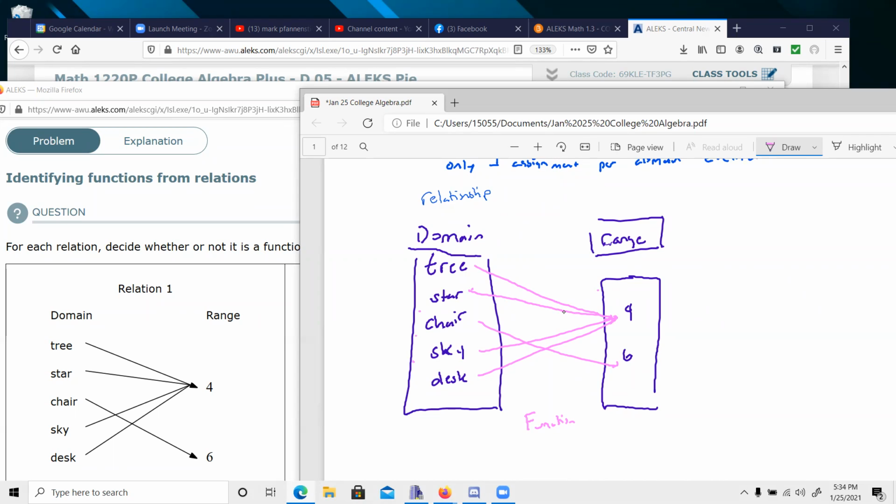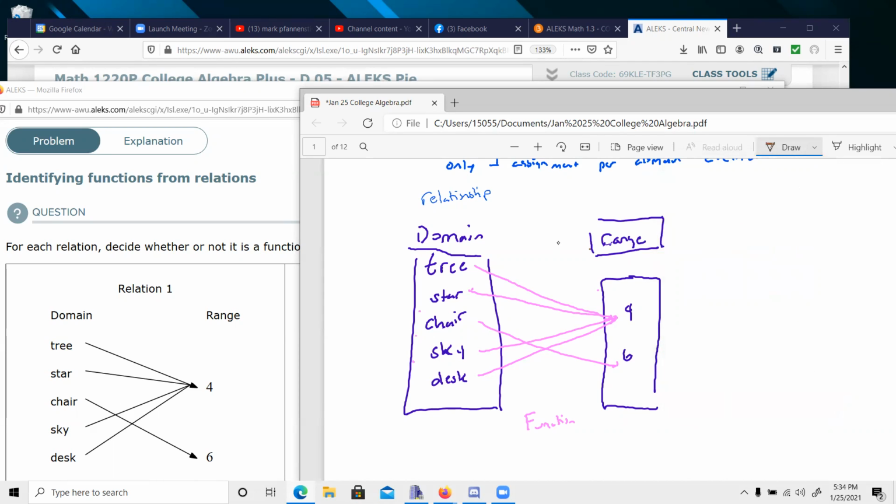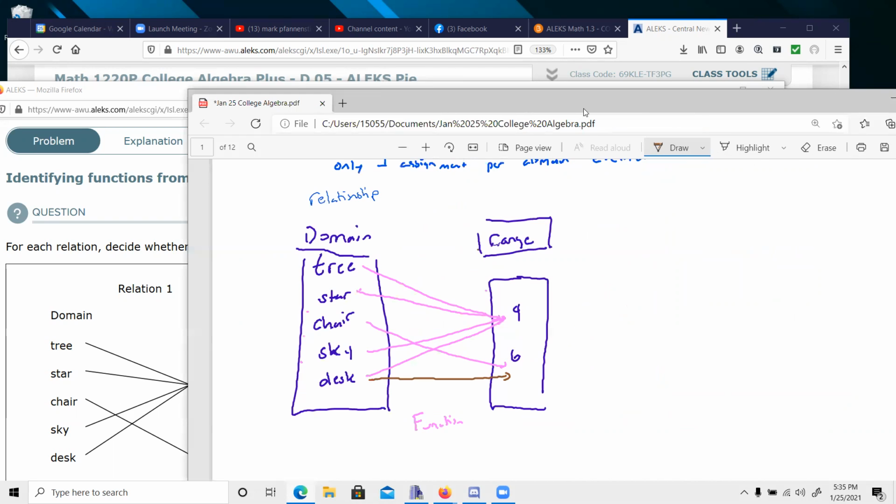So we're good, okay? So right now it's a function. If we had done something like this, where I said, well, desk could go to 4 or 6, right? Then this would no longer be a function. Or if I added an extra thing in here and just didn't bother assigning it, then it wouldn't be a function.